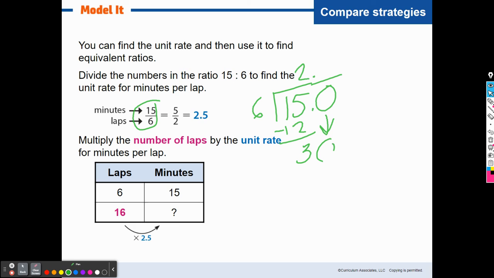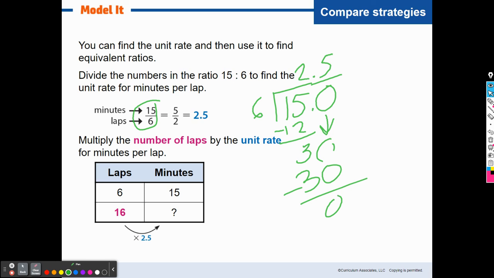Now we have 30. 30 divided by 6 is 5. 5 times 6 is 30. And you get 0, right? So 2 and 5/10 minutes per lap. That's our rate. So we can do that just automatically without the table to find our rate.